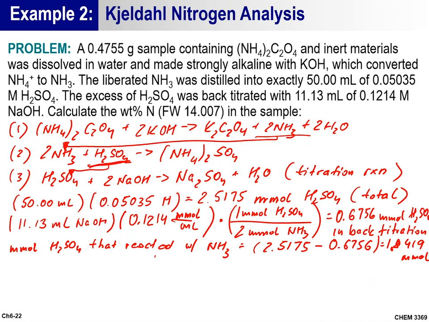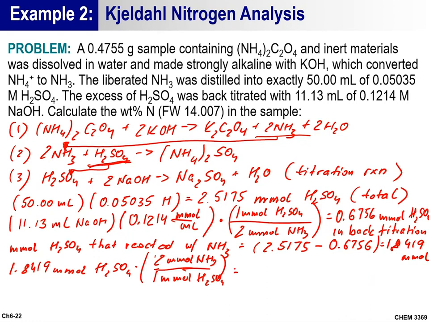Okay, because now the quantity that we need to calculate here is the weight percent of nitrogen. Okay, so we have 1.8419 millimoles of H2SO4, right? And we need 2 millimoles of NH3 per 1 millimole of H2SO4.